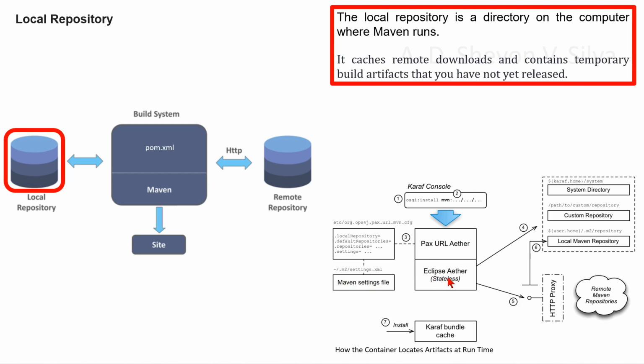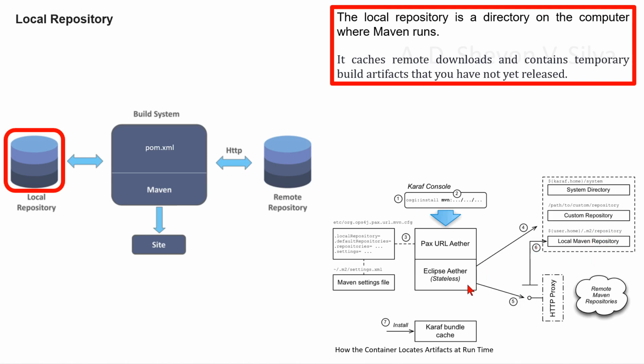For the Eclipse Aether stateless, it interacts with the system directory, custom repository, and Maven local Maven repository. Here the system directory is here karaf.home/system. Here custom directory path to custom repository here, and local Maven repository here, user home, and then .m2/repository.